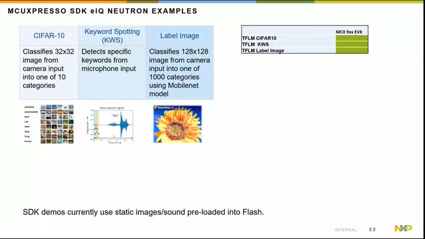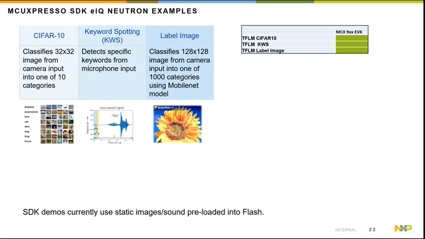So currently in the eIQ SDK that everyone should have access to, there are 3 eIQ examples that make use of Neutron: CIFAR10, which is a simple image classifier, keyword spotting, and label image, which is a more advanced image classifier model.